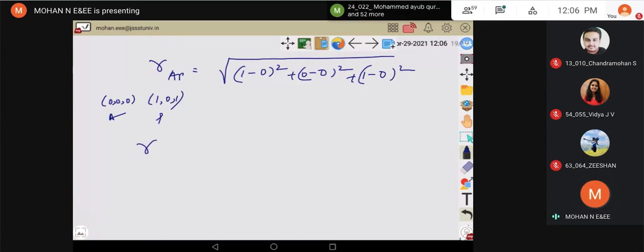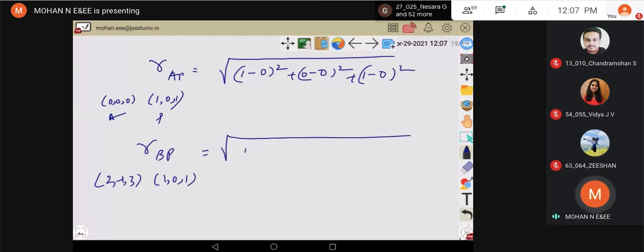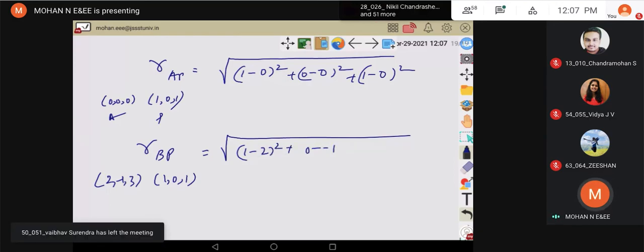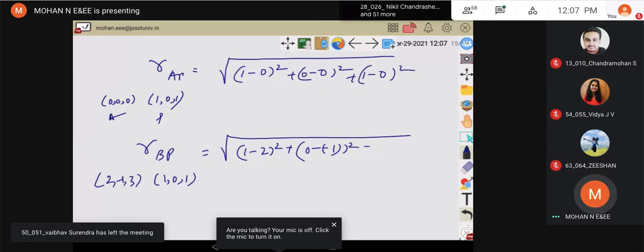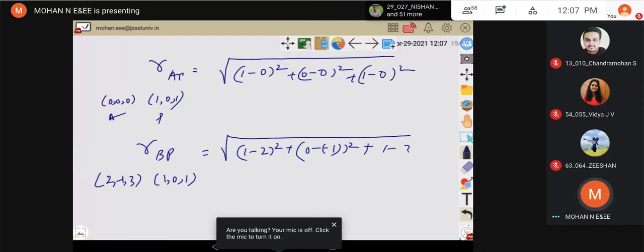Next RBP. B is at (2, -1, 3) and P is at (1, 0, 1). So square root of (1 minus 2) squared, (0 minus -1) squared, (1 minus 3) squared.